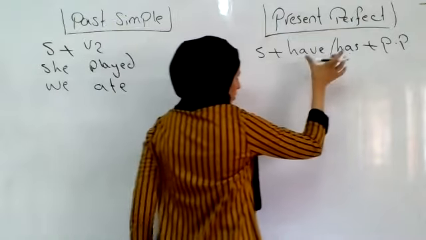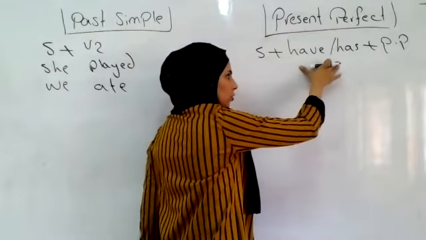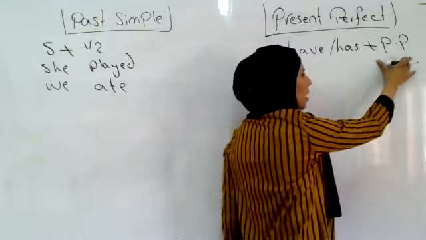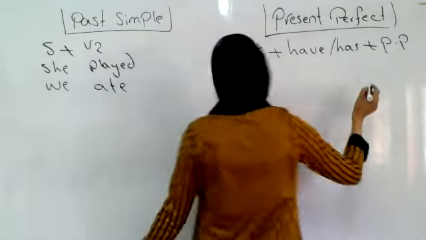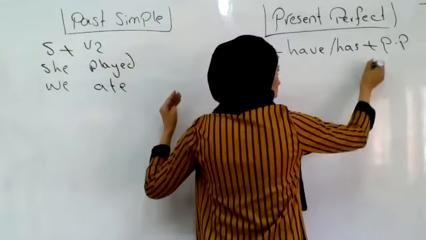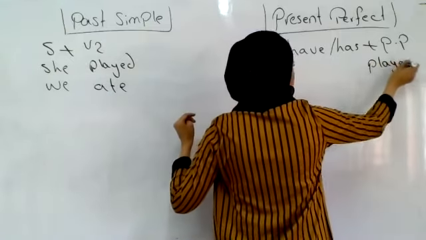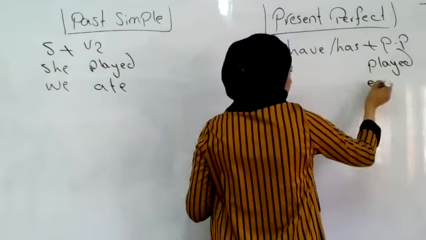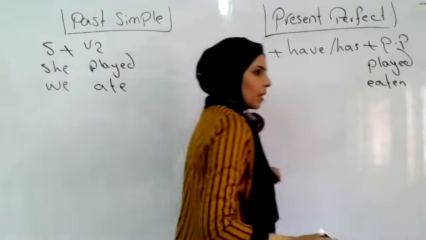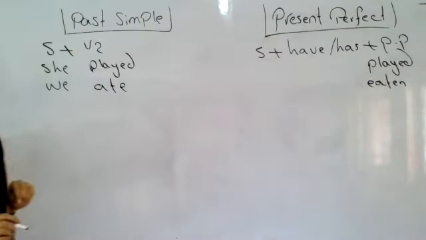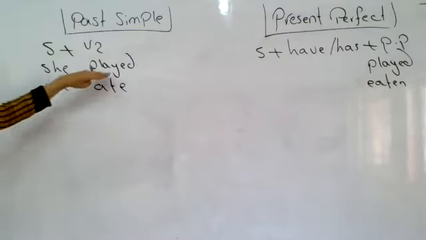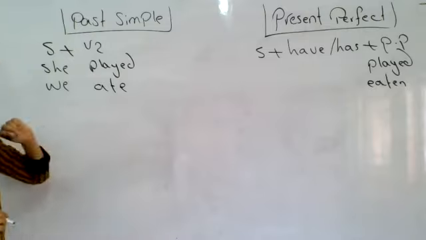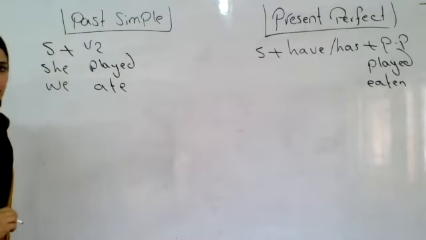After deciding which one to choose, you have to add the past participle of the verb, which is verb 3. Examples like played also, and eaten. These are verb 3 of play and eat. Play, played, played. Eat, ate, and eaten.